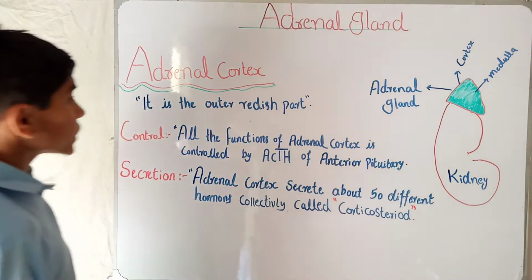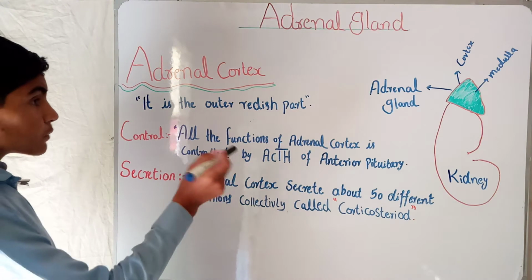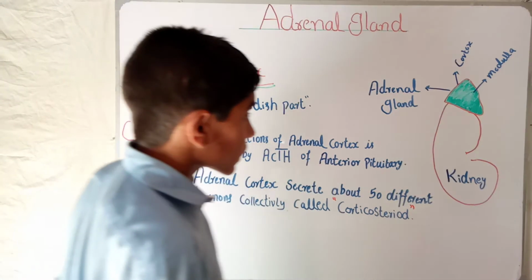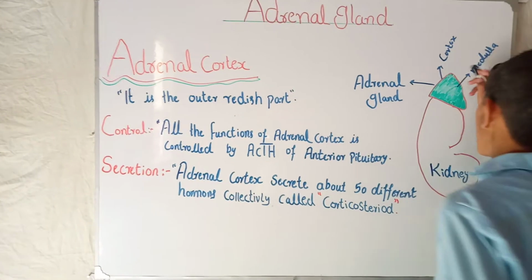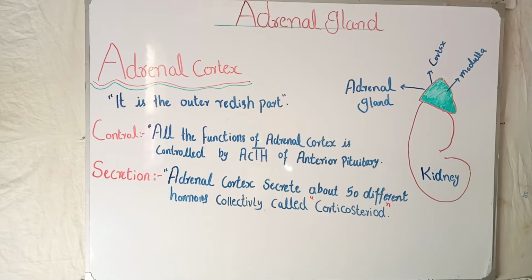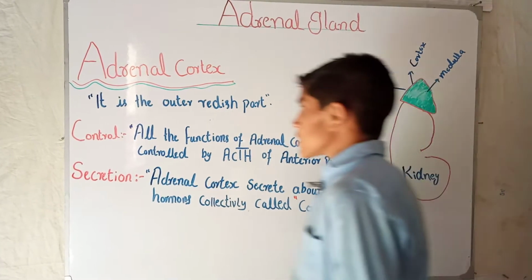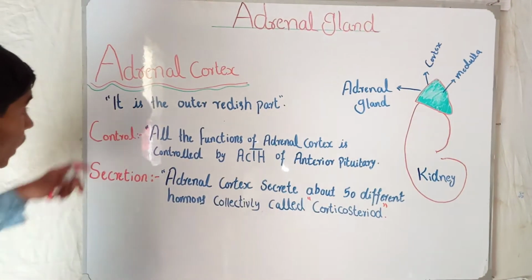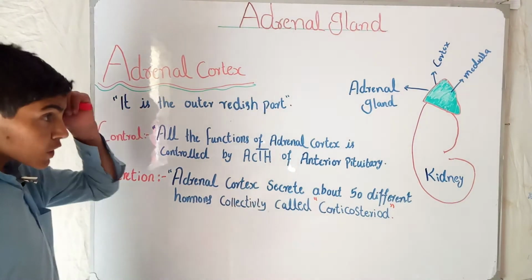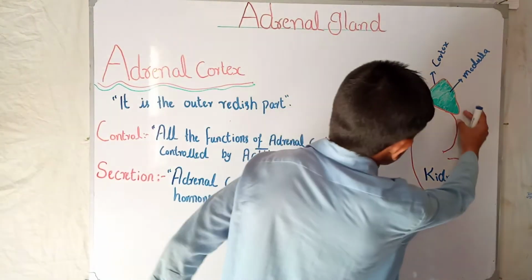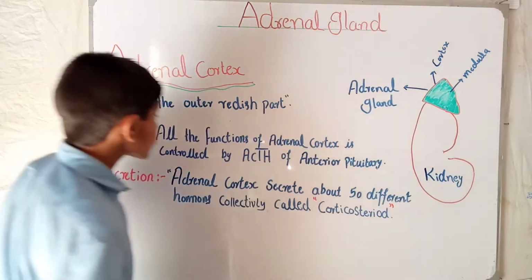Next, we are going to talk about the parts of the adrenal gland, which is composed of two parts: the cortex and the medulla. We will focus first on the adrenal cortex. It is the outer reddish part. You can see here, this reddish part is called the adrenal cortex.